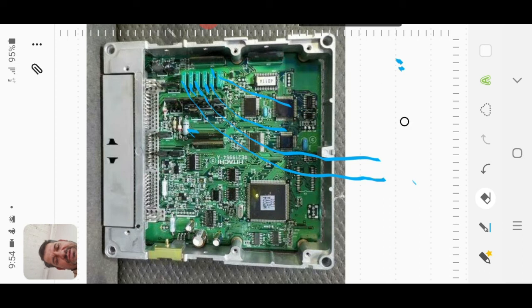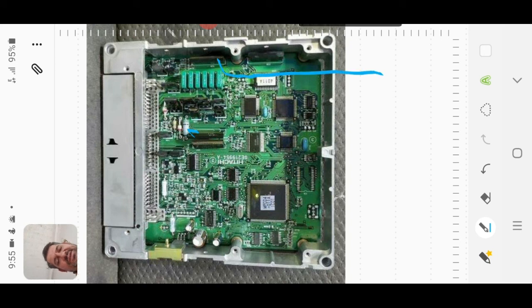Another chip I will show. This is a common failure part for this ECU. Idle air volume. Idle air volume. This is also a very common failure for this car.